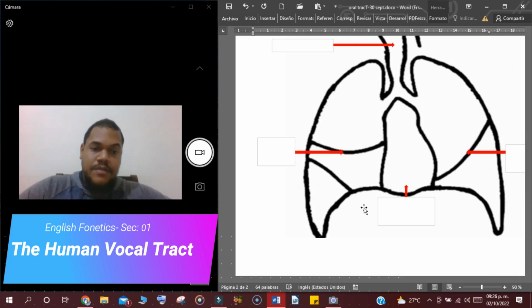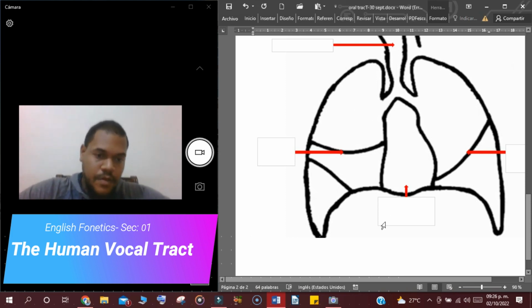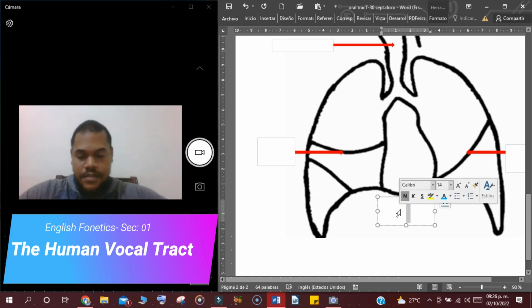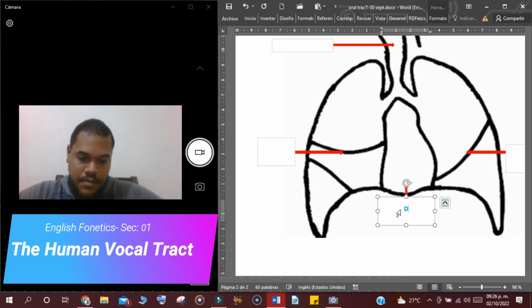One is when it contracts, when the lungs are full of air, and the other one is when it expands and the air in the lungs gets out. So here we have the diaphragm.